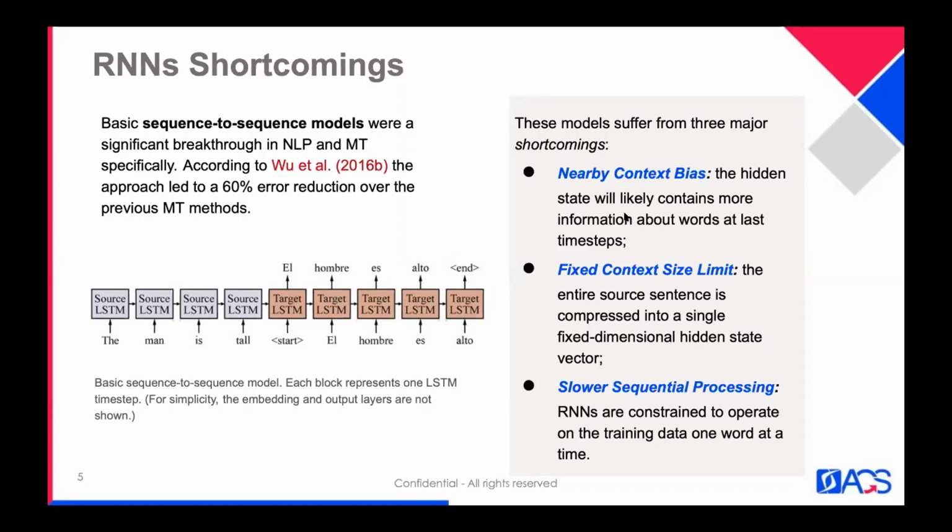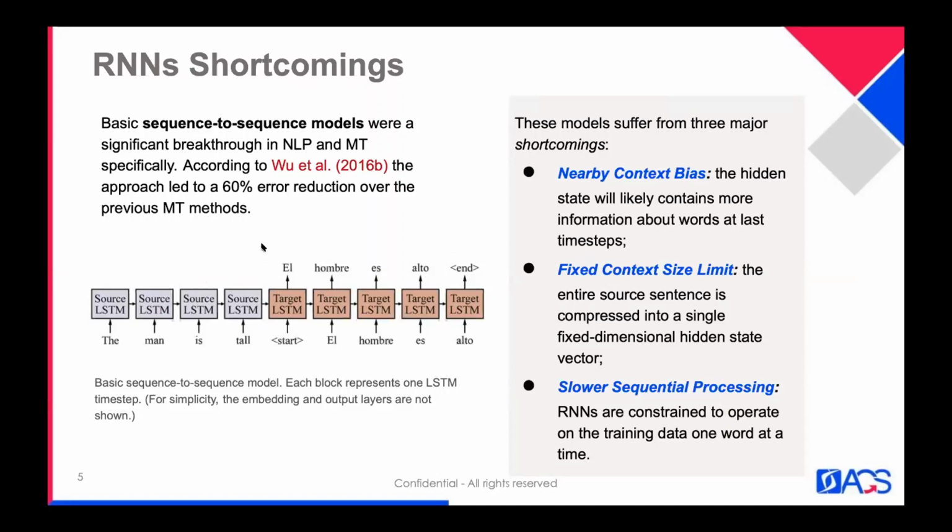This could be a solution for both shortcomings. But then we have to decide how to combine this information, because we cannot just concatenate it, otherwise we will have other kinds of problems.